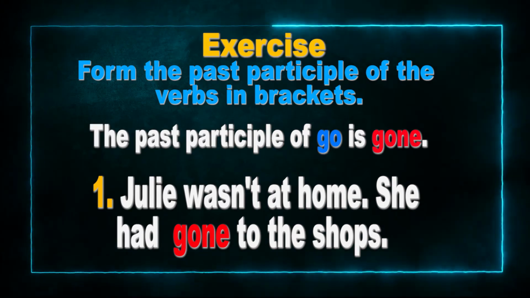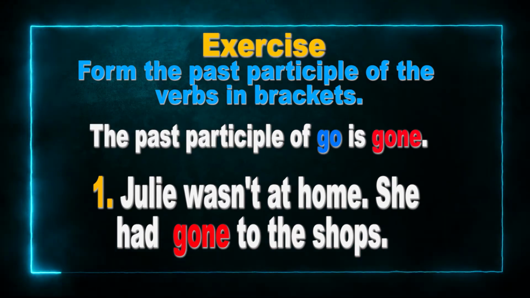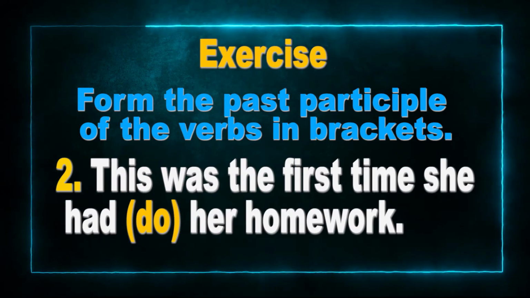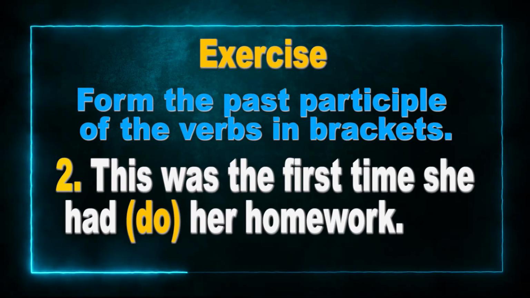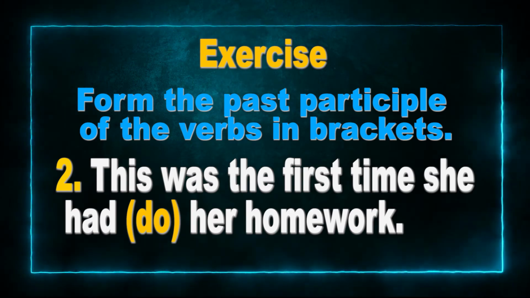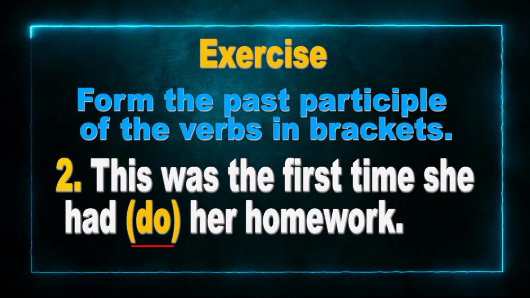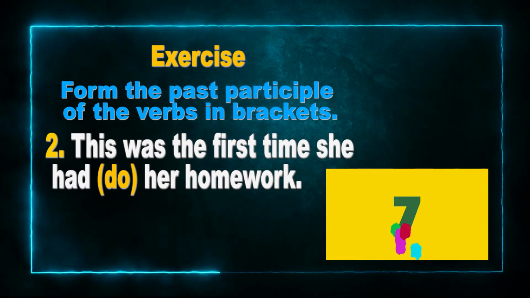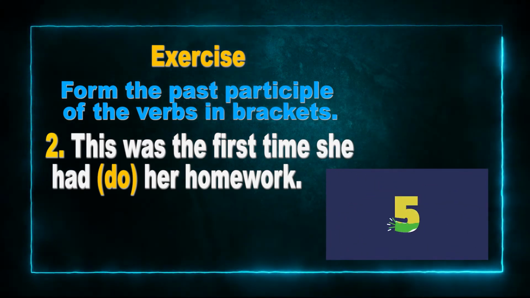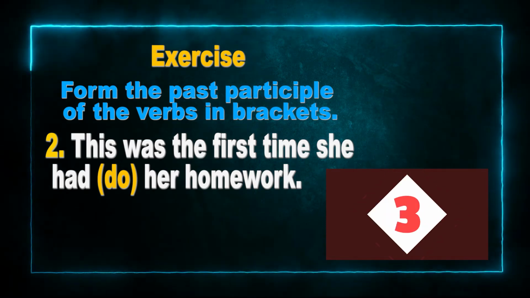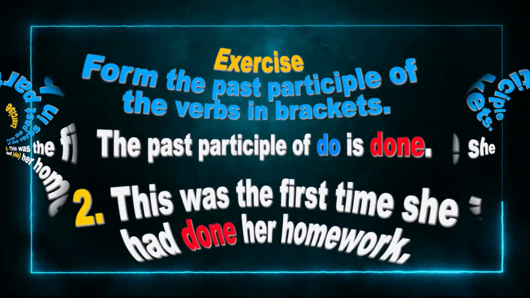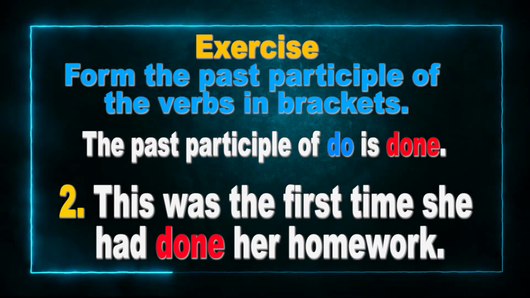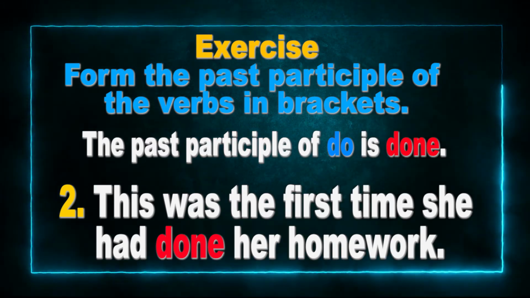She had gone to the shops. We also have, this was the first time she had something her homework. We need to form the past participle of do. And so our sentence would read, this was the first time she had done her homework.